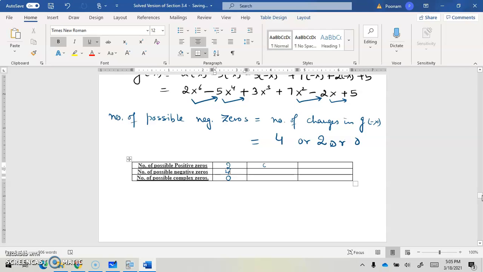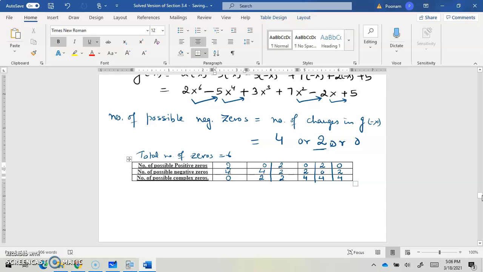Or let's say possibility for number of positive zeros is 0 and number of negative zeros is 4, and then complex zeros will be 2, because total number of zeros has to be 6, right? Or we can have this to be 0 and the negative zeros will be, that is a 2 is possible, and 2 complex zeros. Or this can be 0, this can be 2 and this can be 4. Or this can be 2, this can be 0 and this can be 4, or 0, 2 and 4.